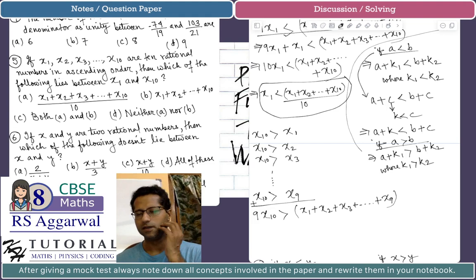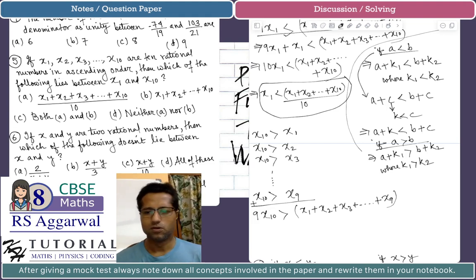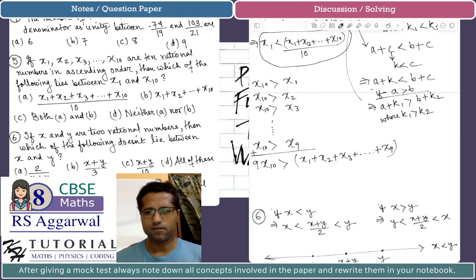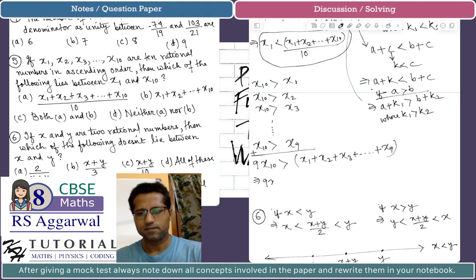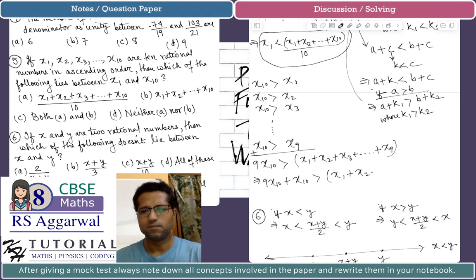If you think a little bit, you will understand why this is so. So now from this I will get that 9 times x10 plus x10 will be greater than x1 plus x2 plus x3 plus up to x9 plus x10.